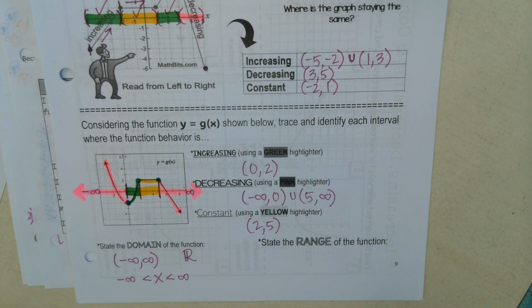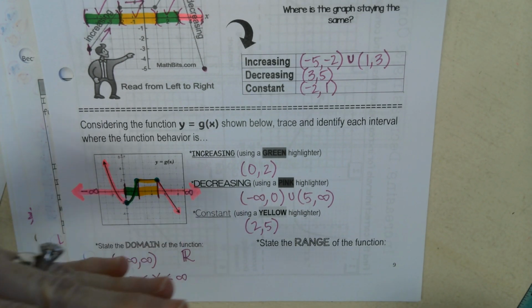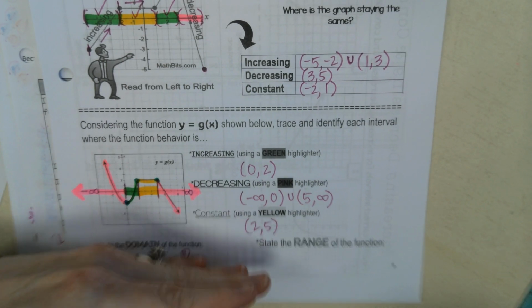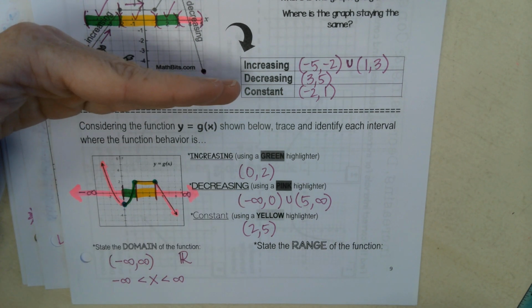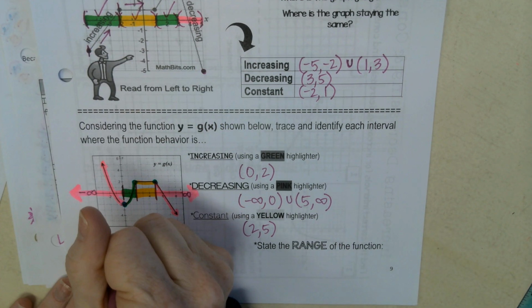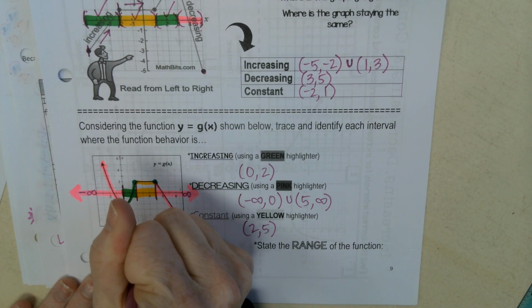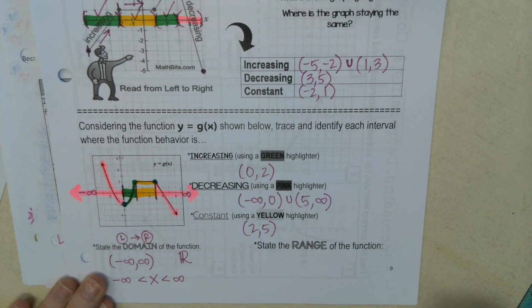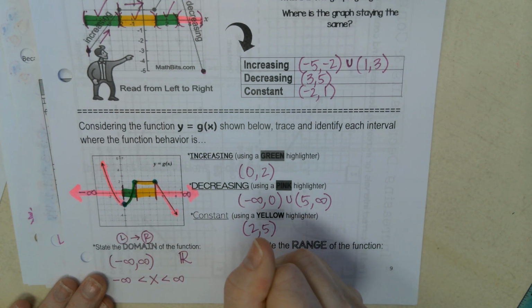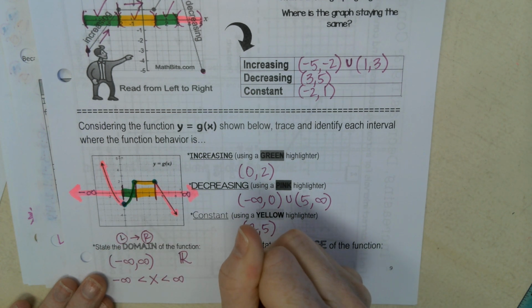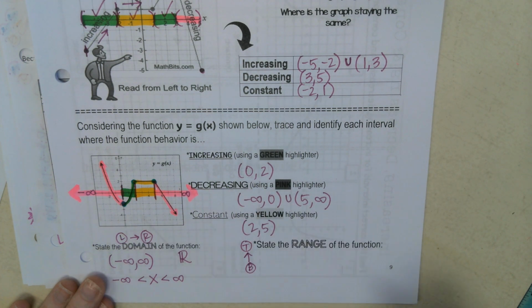What's least to greatest on your y-axis? -2. Don't worry about that. Bottom to top is what I'm looking for, okay? Remember, domain, we read left to right. And the range, we're going to read bottom to top.